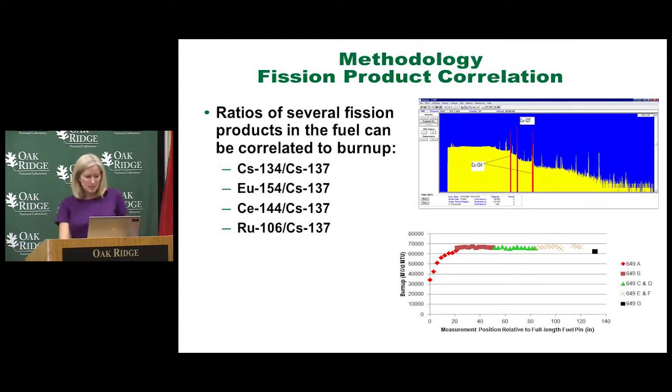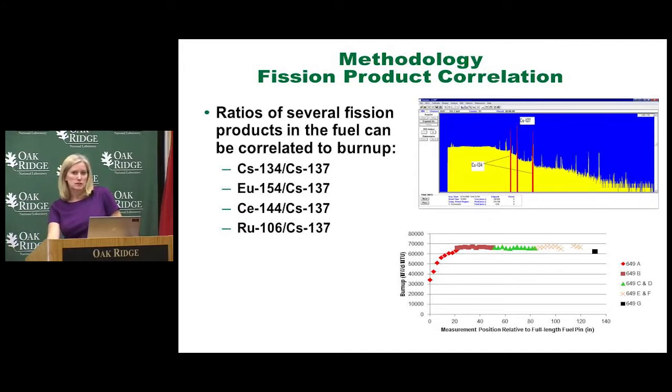Basically, we take ratios of the fission peaks. We want to take ratios of how much of each fission product is in the fuel, and the more fission products we look at, the more we can determine about the fuel. For example, most commonly used is the cesium-134 to cesium-137 peak ratio.